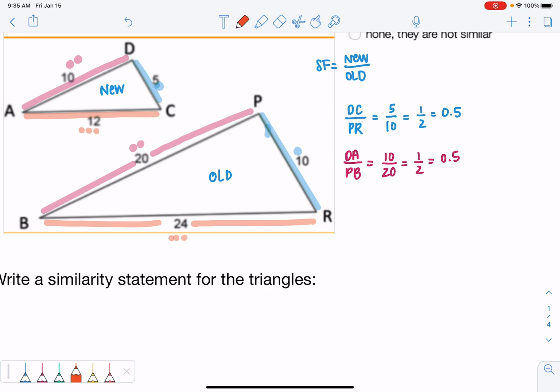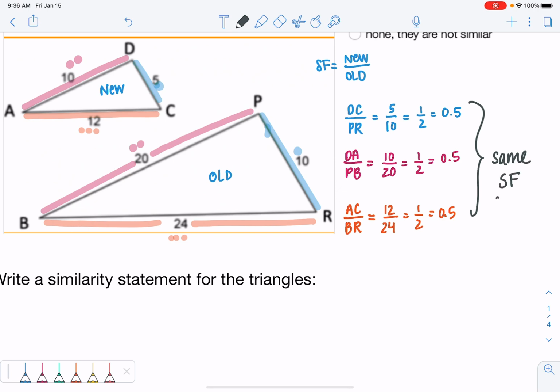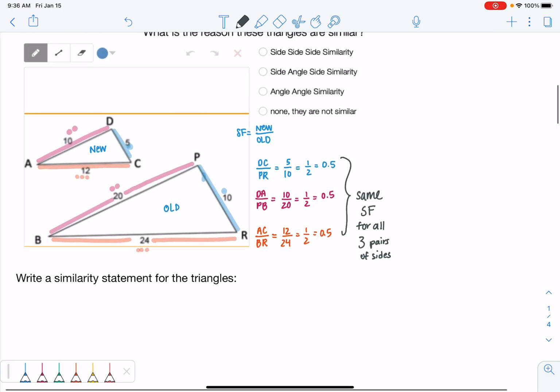And lastly, we check AC over BR, 12 over 24, 1/2, 0.5. So they have the same scale factor for all 3 pairs of sides. So looking at our options, that is side, side, side similarity.